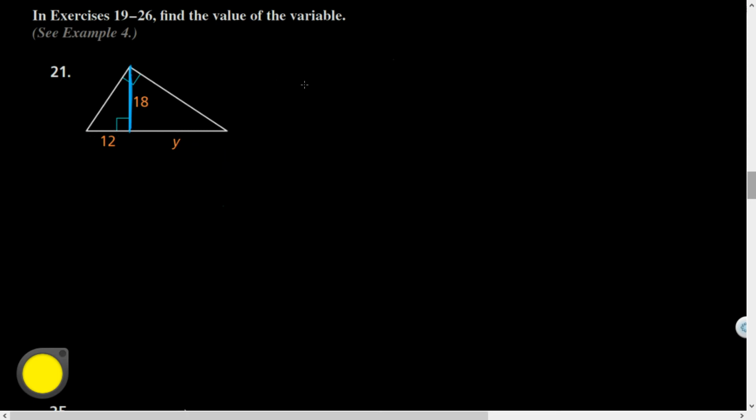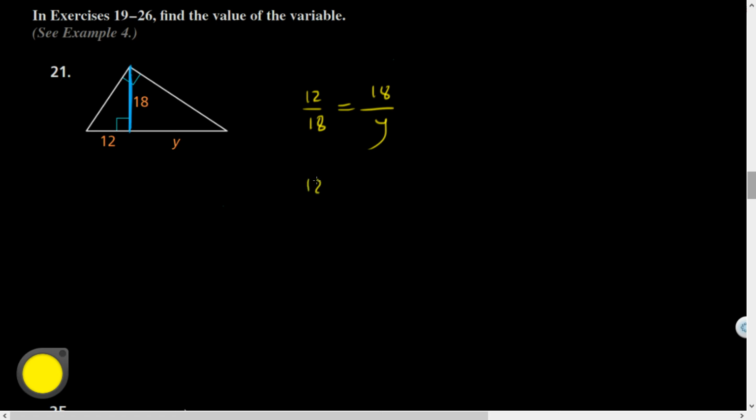So I'm going to say something like y over 18. Actually, y is the bigger one there, so small over this is equal to this over larger one. And so 18 is the geometric mean.